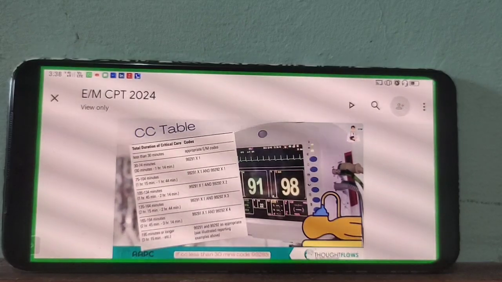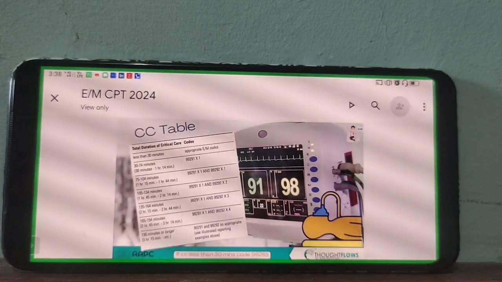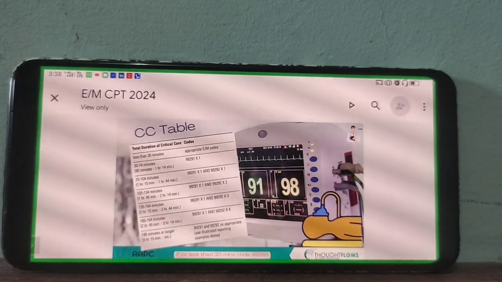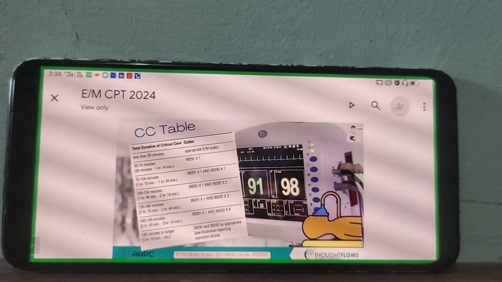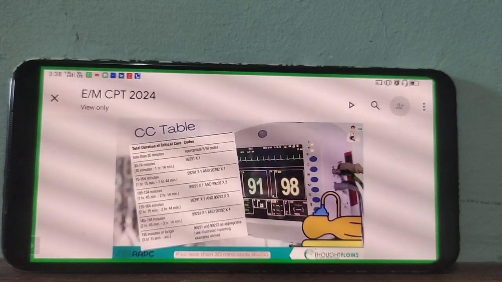From 30 to 74 minutes, report 99291. From 75 to 104, 99291 and 99292 times 2. From 105 to 134, 99291 and 99292 times 3.